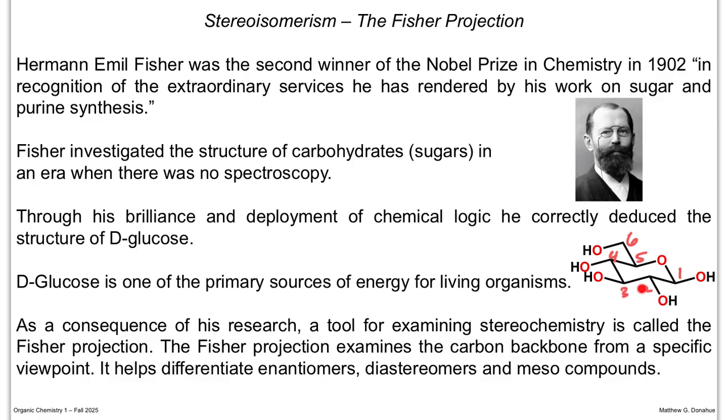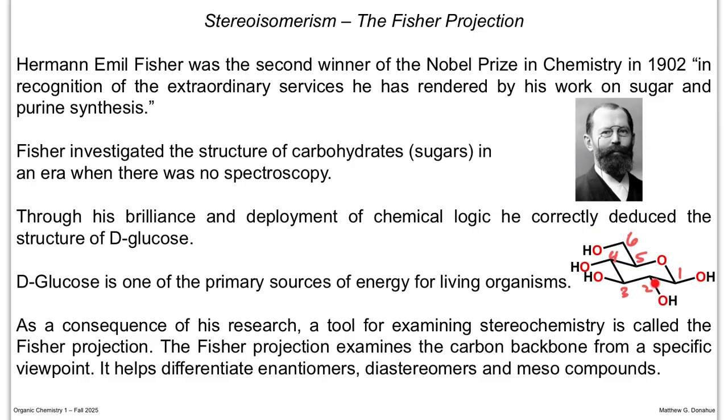Really, what Fisher did was not only figure out the absolute configuration of each carbon, but which enantiomer the naturally occurring glucose is. That's more organic 2 in terms of the reactions and how he did that.